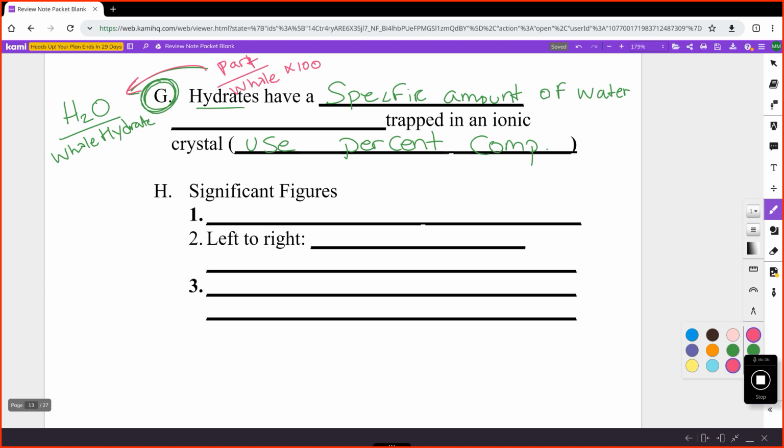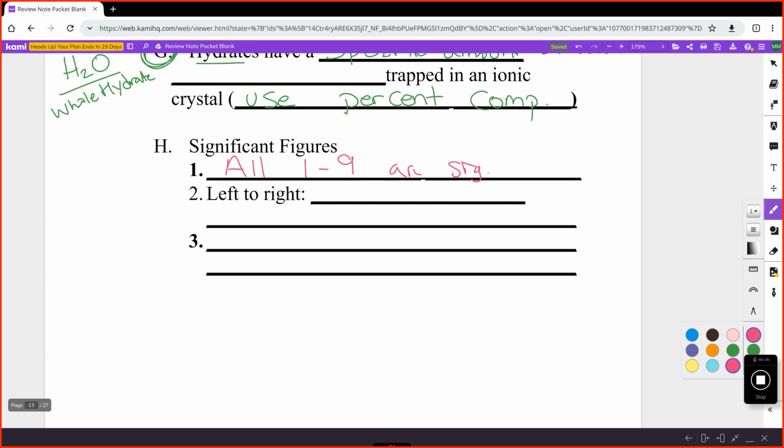And significant figures. There are three rules. All 1 through 9 are significant. Any number 1 through 9 is considered a significant figure.